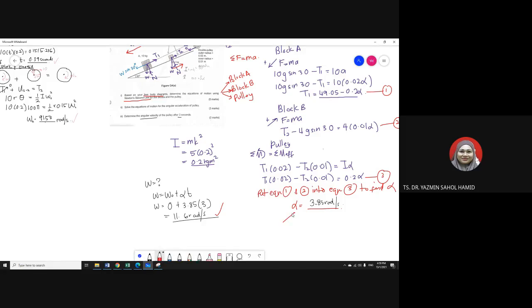This symbol here is angular acceleration. This symbol here is angular velocity. Remember?